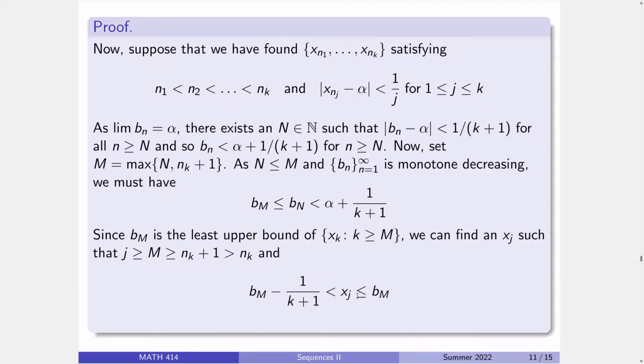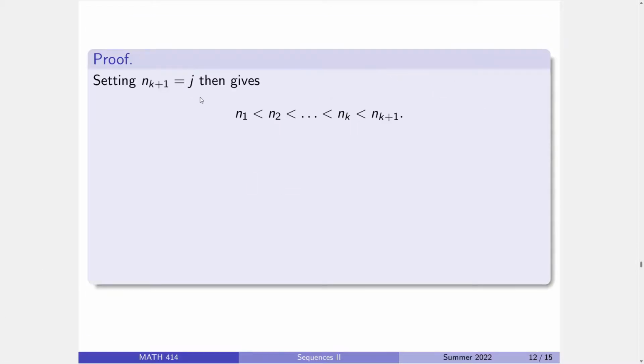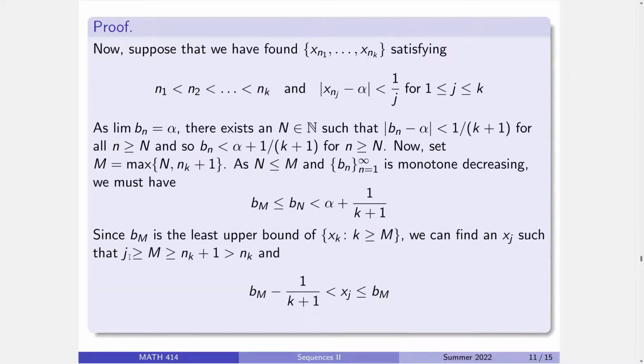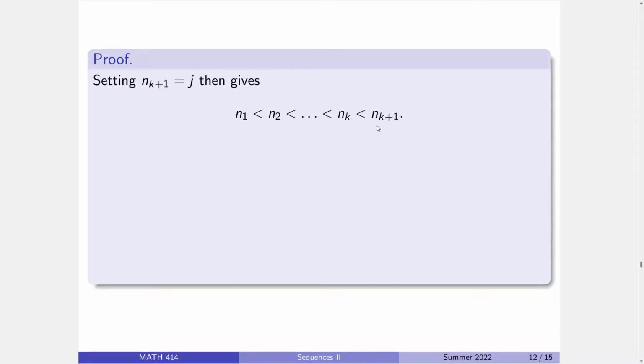Alright, so, to finish things off, the j that we guaranteed to exist is strictly bigger than n sub k, so we'll make that our n sub k plus 1. Note that that's true.